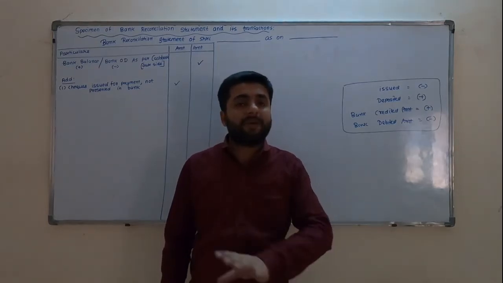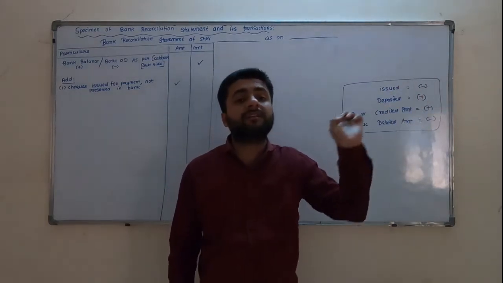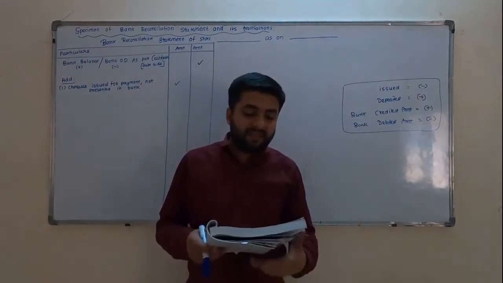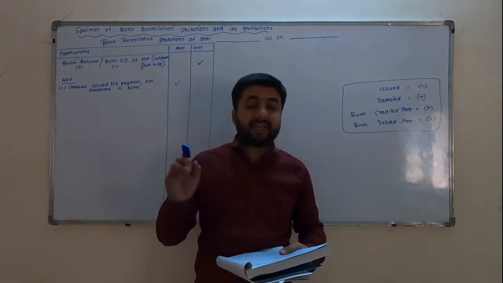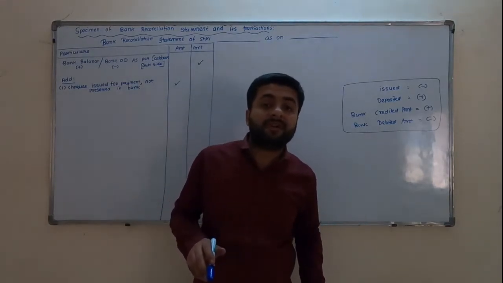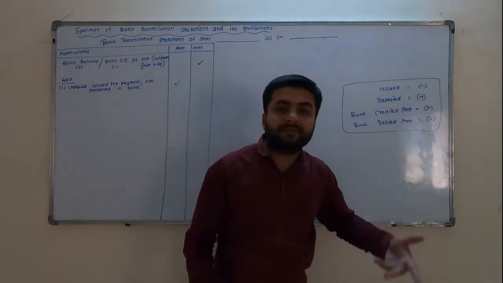What we have done, we need not think about that. Do what others have done. What is the other side doing? So what are they writing? Bank has credited, but we have not done anything. Means bank has added, we will also add.